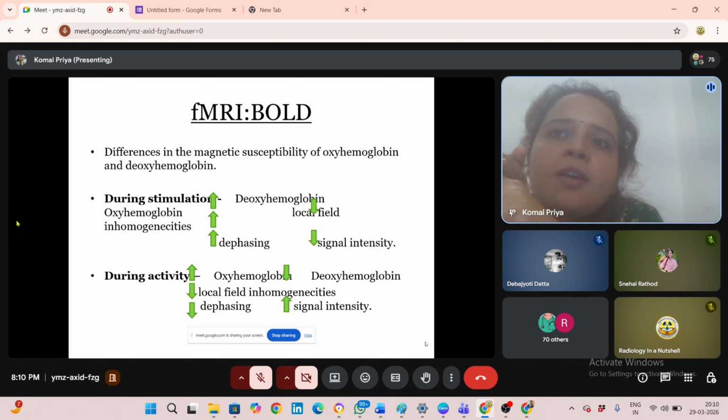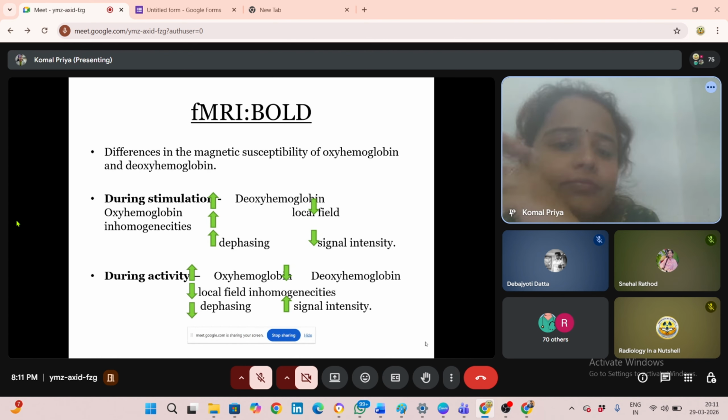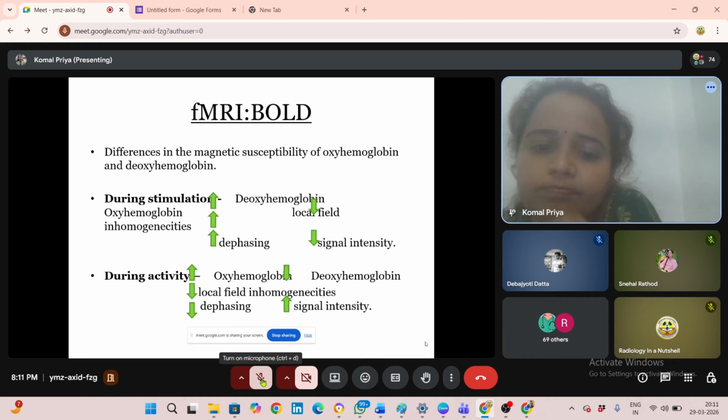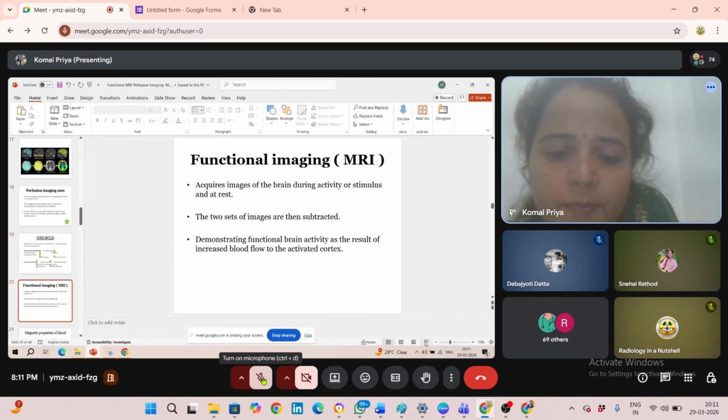Therefore, oxyhemoglobin is diamagnetic and deoxyhemoglobin is paramagnetic. Now tell me, what is diamagnetic and what is paramagnetic? Anyone?